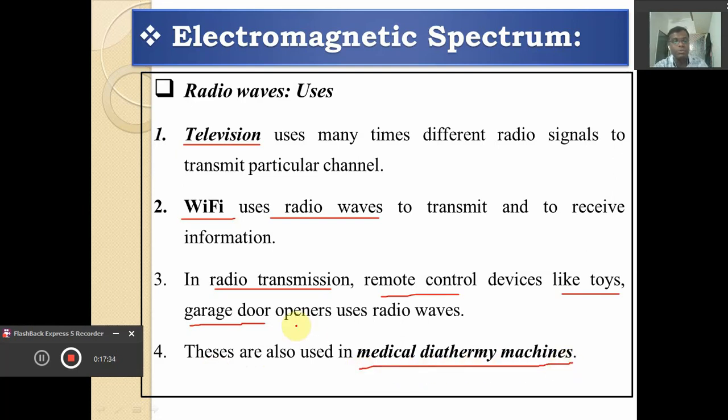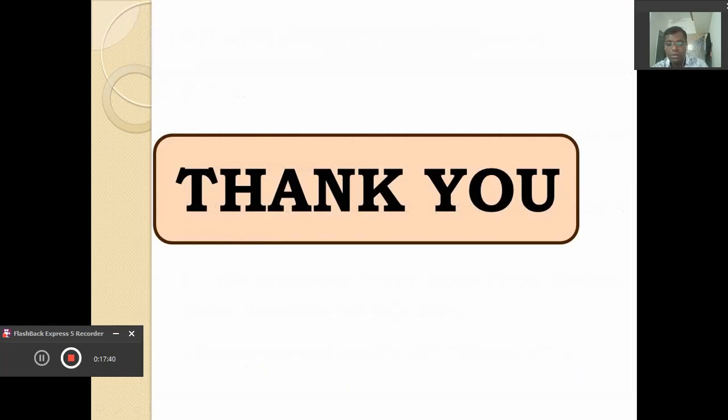So these are some important uses of radio waves in our day-to-day life. Without this electromagnetic radiation, it's very difficult to survive. So definitely these are very helpful for the existence of organisms, animals, and human beings.